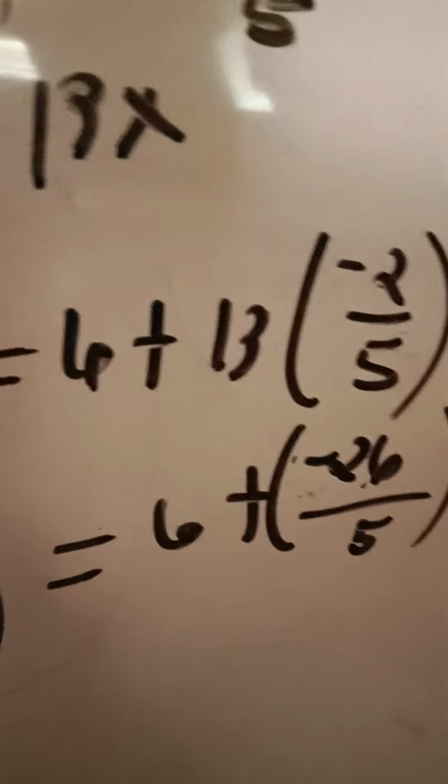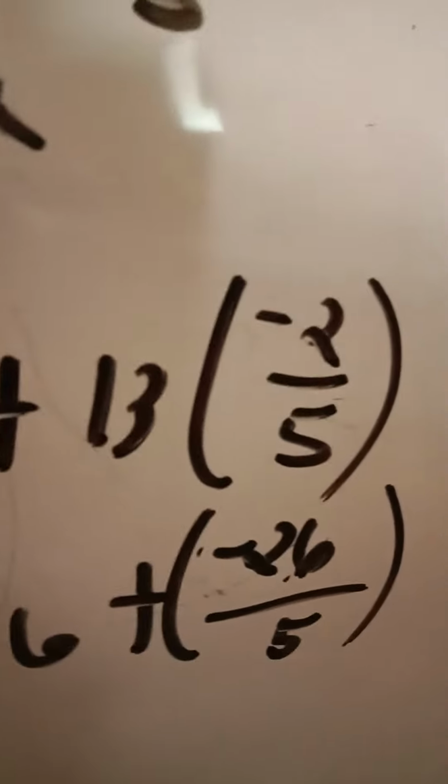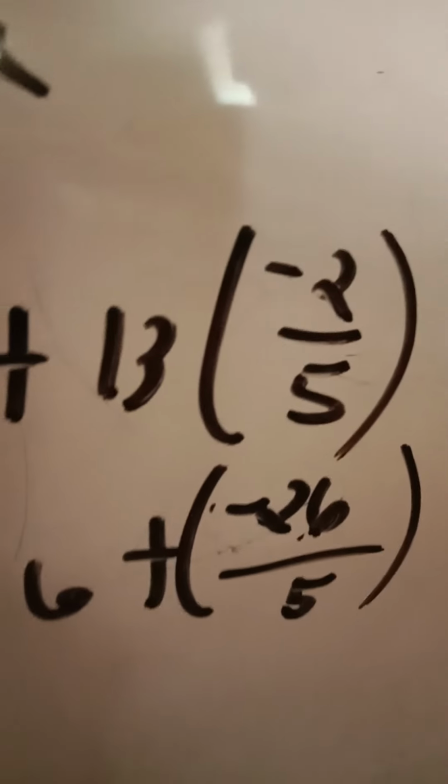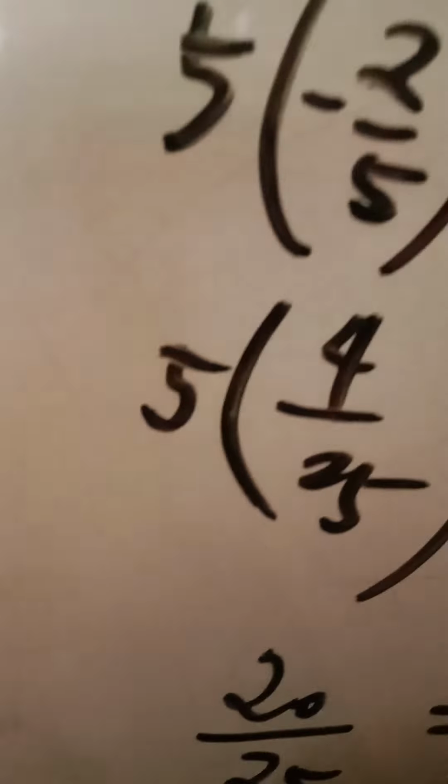We have negative 26 over 5. 5 times 4 is 20 over 25.